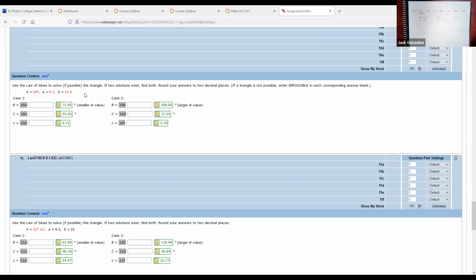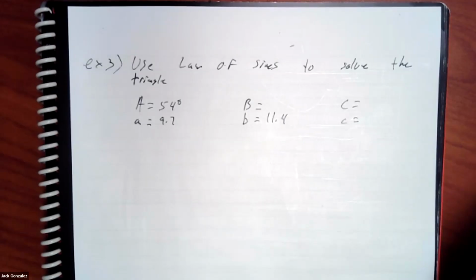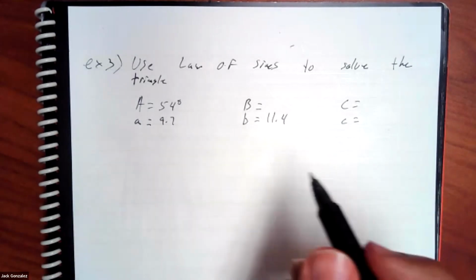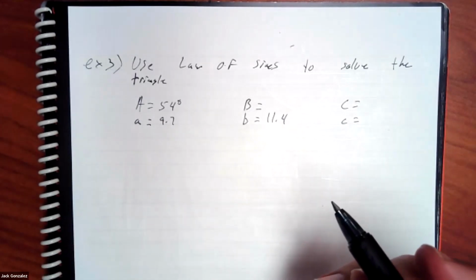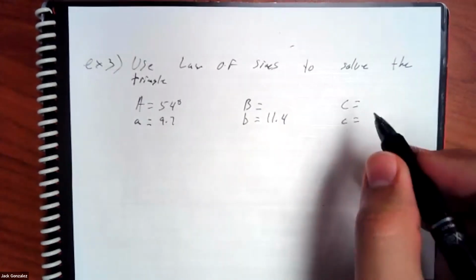This is what they gave us. I'm gonna try to draw this out so you can see why we potentially have multiple triangles.